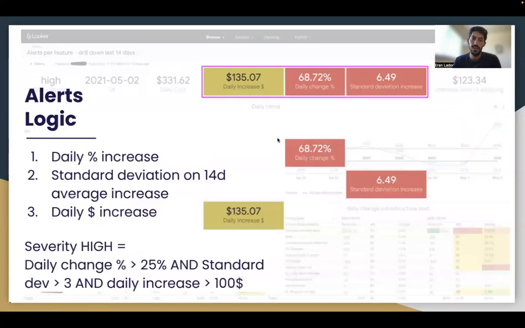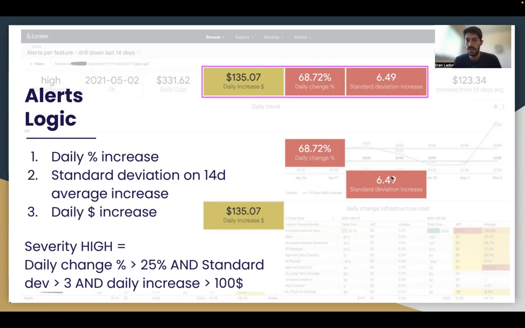Basically, all cost anomalies are statistically based on three components. One is the percentage daily increase, and the other one is the dollar daily increase. For example, a cost might increase from $1 to $2, which is a 200% increase, but we don't want to be bothered by $1. So this is very important.